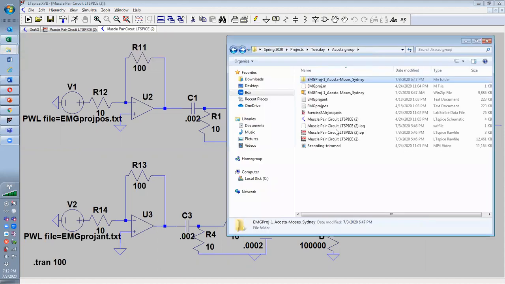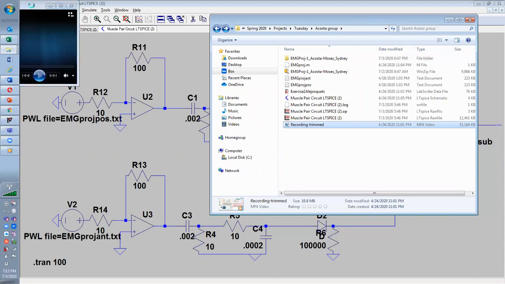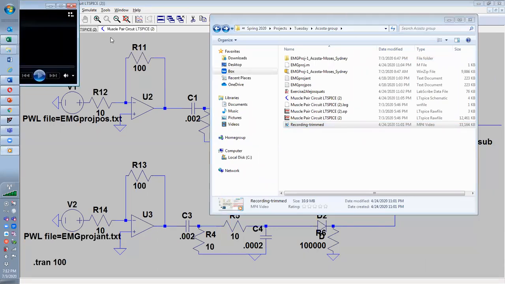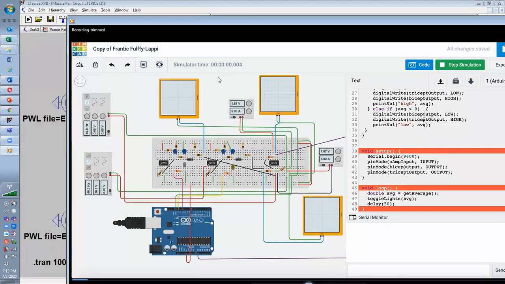There's an example here that shows the recording of the simulation that was generated on Tinkercad. Here is the code, and students were able to show a positive waveform to signal an extension, or a negative to signal a flex of a particular muscle activation.